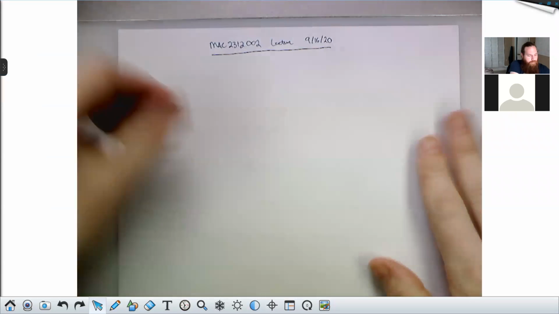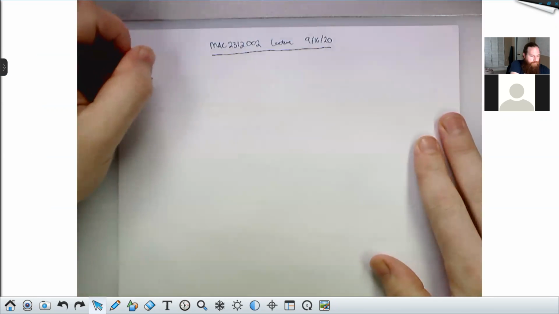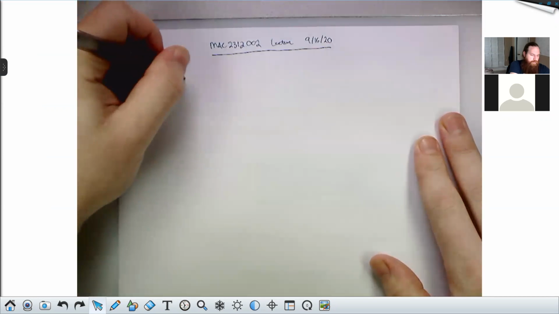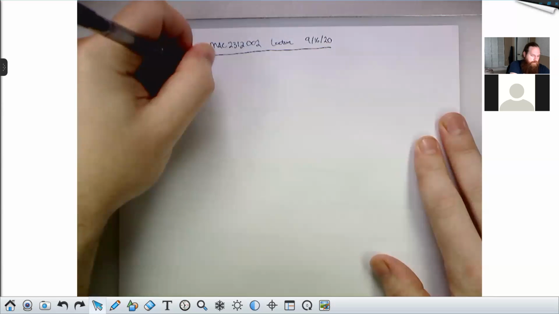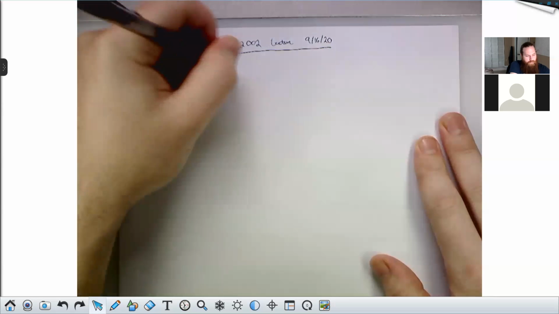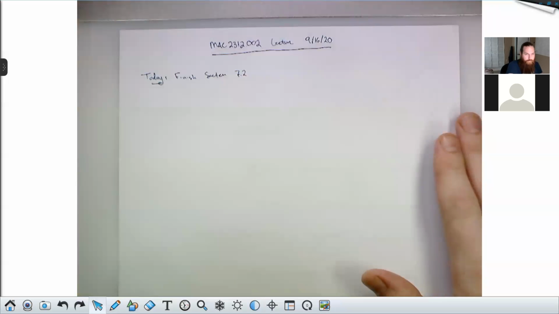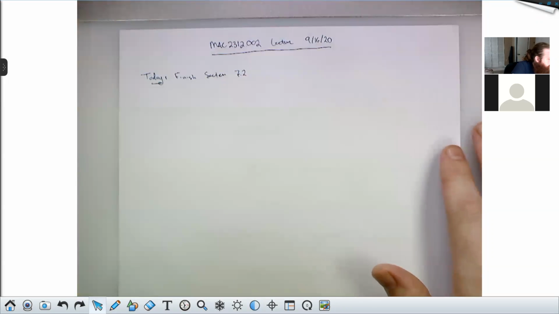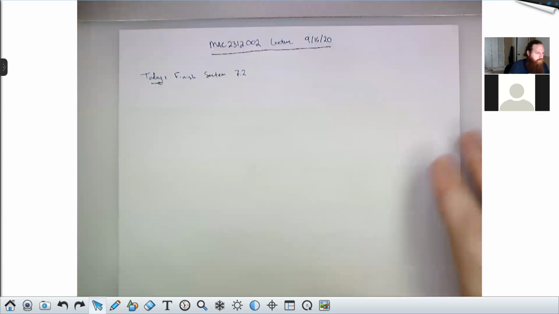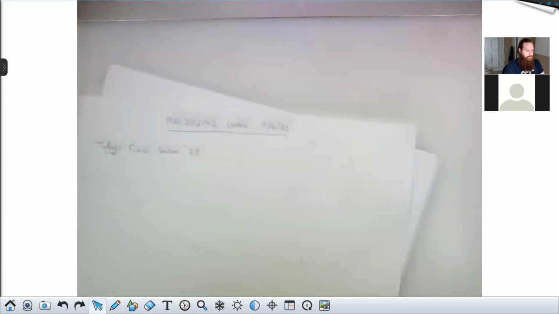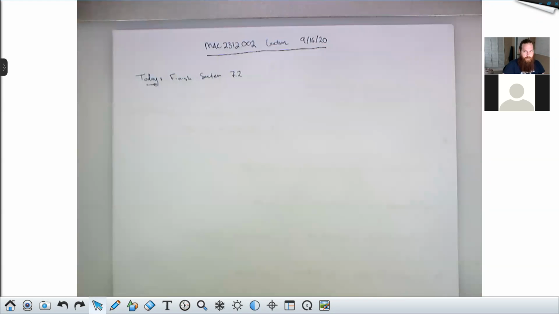And what we're going to do today, we're going to finish section 7.2. I mentioned that there is a similar strategy for secant tangent integrals as for the sine cosine integrals.